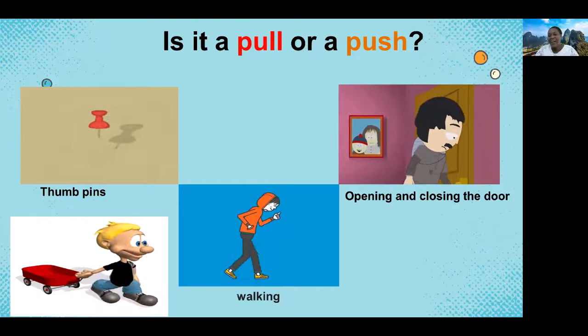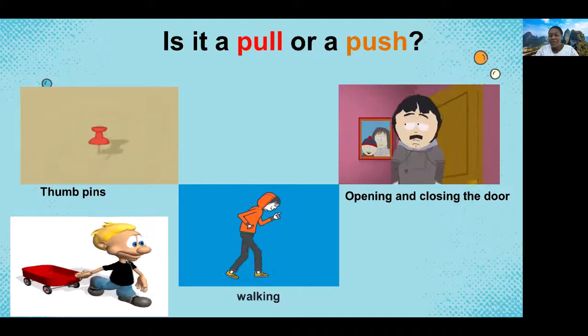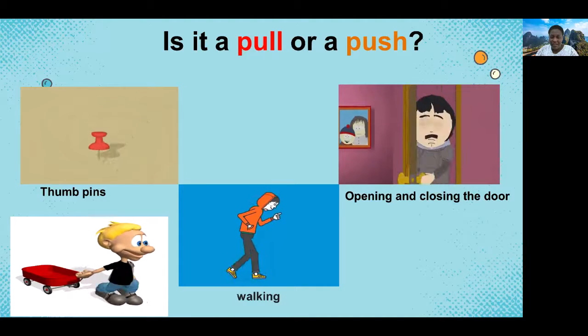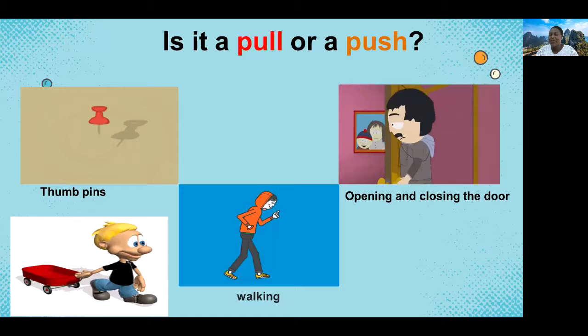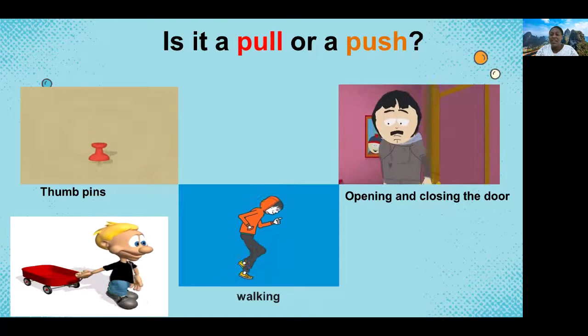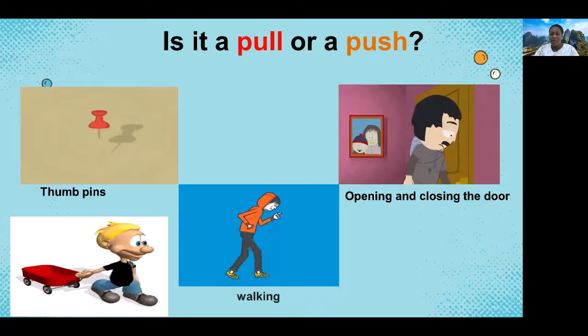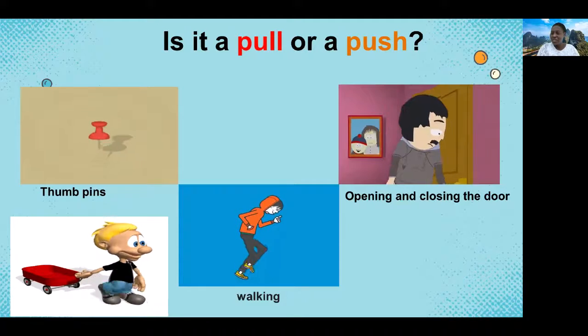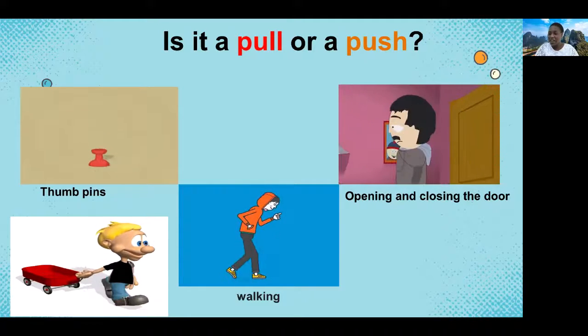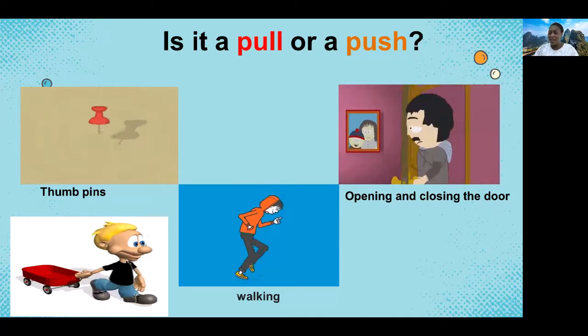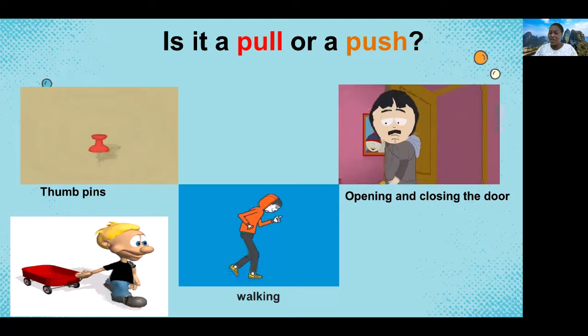Yeah, it depends where you are. For example, you are inside, you want to open the door and go outside. It depends on the direction of opening the door. Some doors you can push and then you enter, and you push so that you close. Other doors, when you want to go in, you can pull.